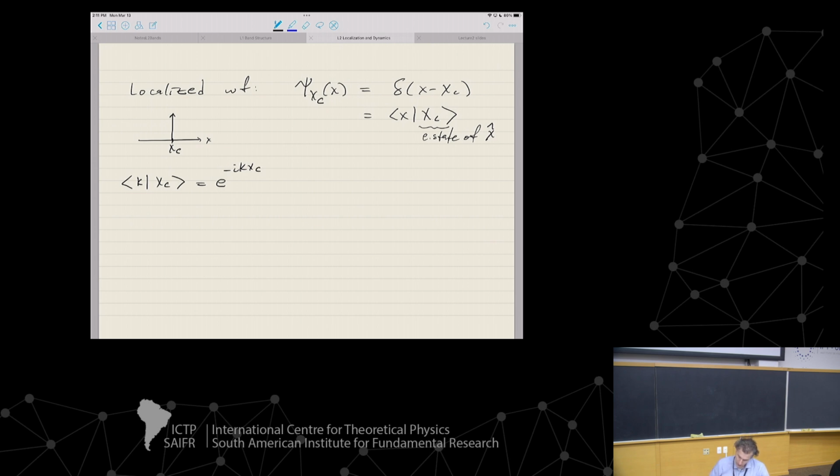So this is something that's very delocalized in momentum space. As a function of k, if I wanted to ask what the probability amplitude is, it's just a constant across all k. So something that's perfectly localized in space is perfectly delocalized in momentum, which you all know from the Heisenberg uncertainty principle.